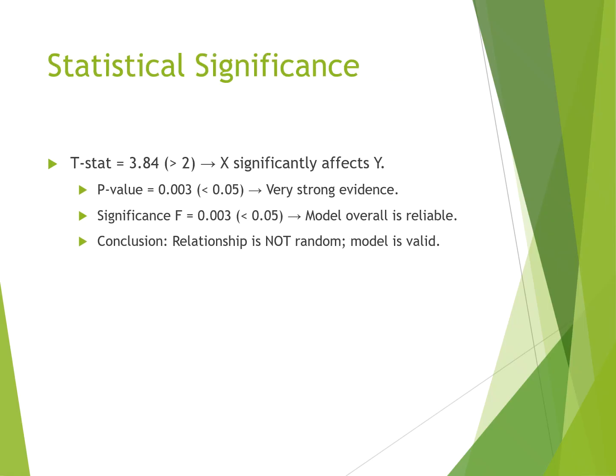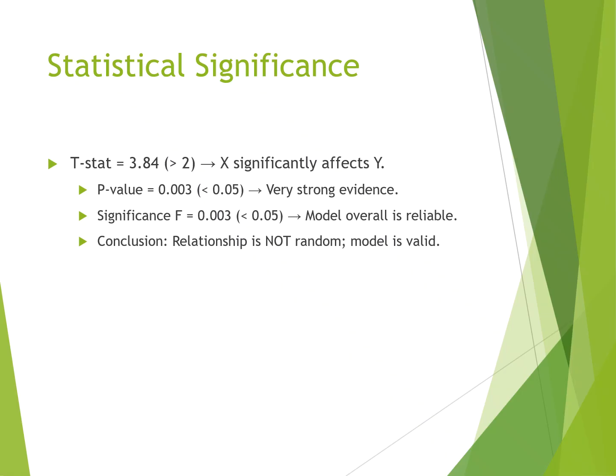Next is statistical significance, which tells us whether the relationship is real or just random. Here's what we see in the output. T-stat is 3.84, which is greater than 2, meaning machine hours significantly affect utilities costs.